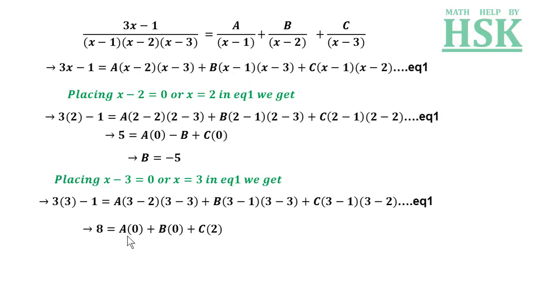So I'm going to get 8 is equal to a into 0 plus 0 into b, that is 0, plus 2c. So 2c is equal to 8, or c is equal to 4.